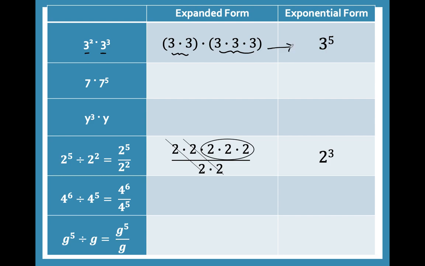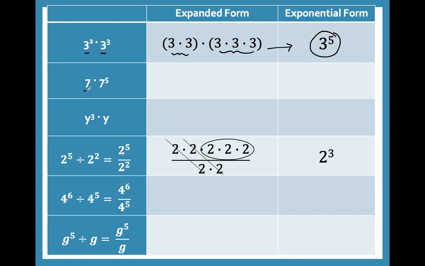Now you could evaluate that as well, but for our purposes today, we don't actually need to evaluate what 3 to the fifth power is. I just want to show you how I can get this simplified exponential form. So let's do another example first.